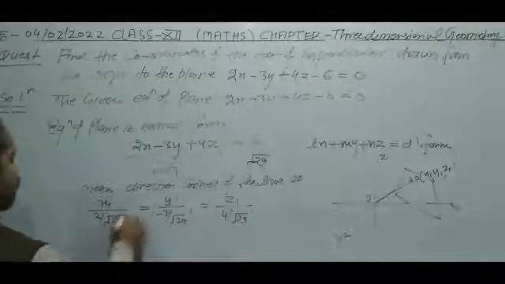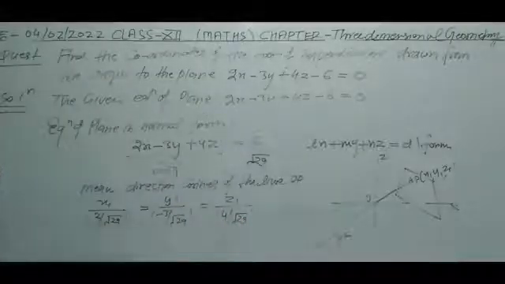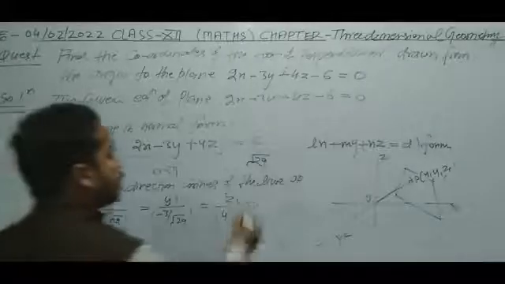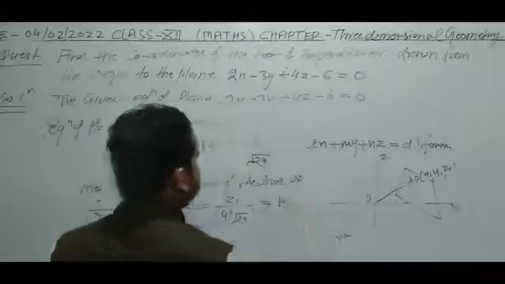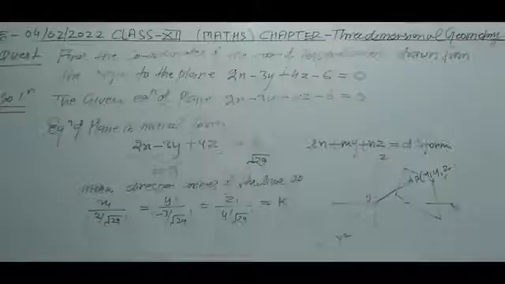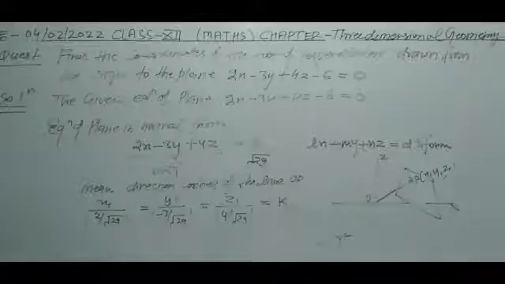So this is the numerical value and we can consider that as k, because this is the line passing through the origin. So this is the equation of the line.